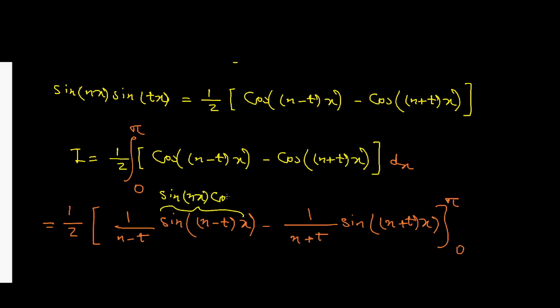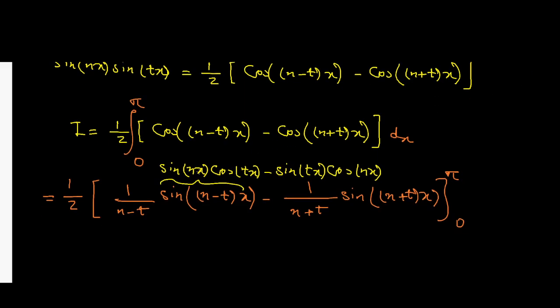And if I expand this using again sum and difference identities, here we get sine nx cosine tx minus sine tx cosine nx. And from the first term, sine nx times cos tx, n is an integer, definitely, and at 0 and pi, we get 0. So this term zeroes out.